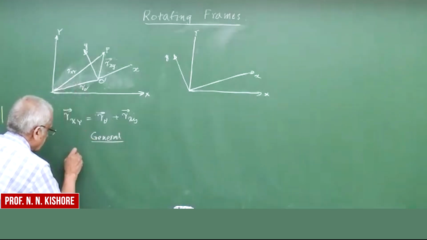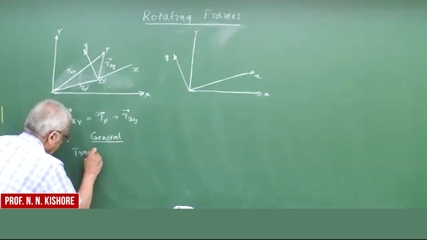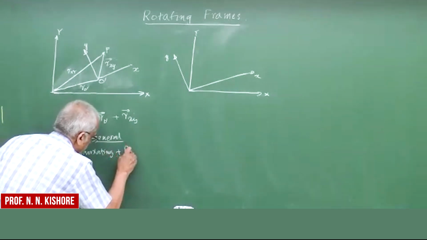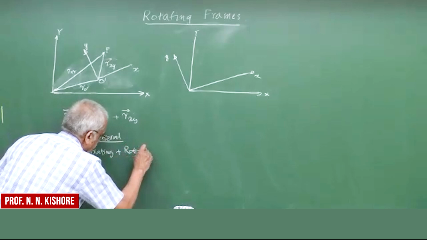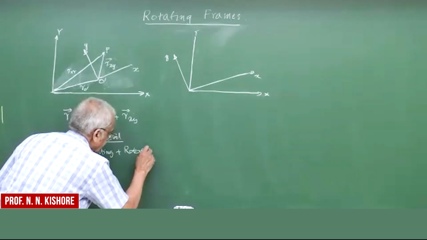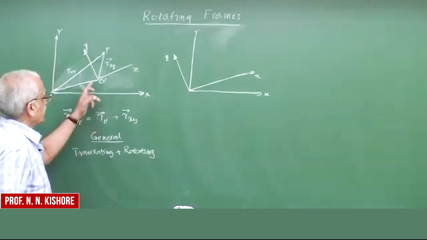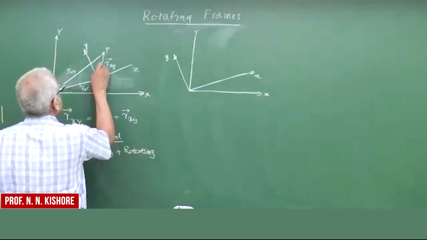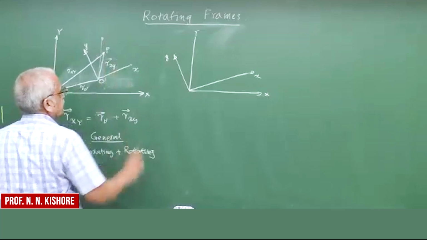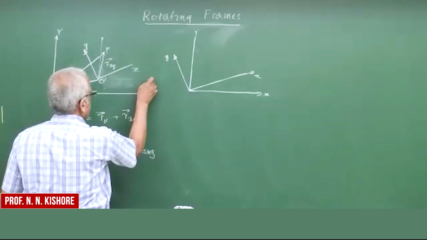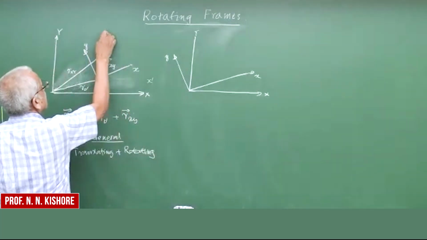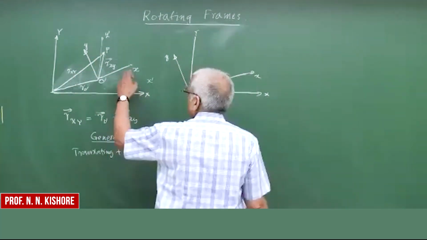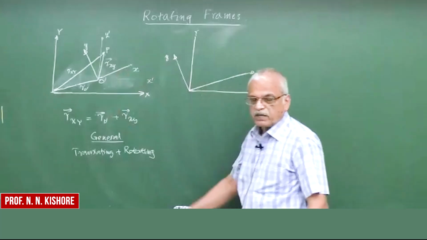in the sense that translating, let's rotate. This is what I said. If O prime is translating, in the sense that if it is like this, then what all you need to do is add whatever observation you make with x prime y prime, you have to add that.